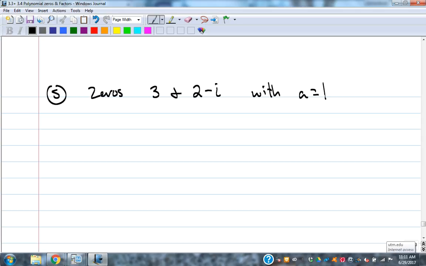If 2 minus i is a solution, remember that with the complex numbers, those came from the quadratic formula, and in the middle of the quadratic formula was that big plus or minus sign. And if 2 minus i is a zero, then what else has to be a zero? 2 plus i has to be a zero as well. So this one is the hidden one.